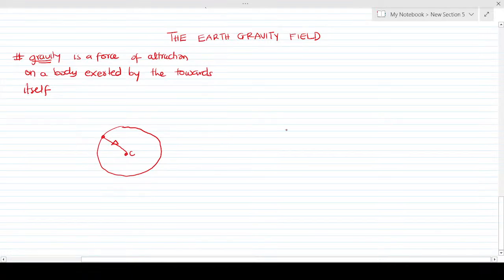Now, if I'm on the Earth's surface and I release a body, the body will begin to fall, right? As the body is falling, it will fall with a certain velocity, and the velocity will increase as the body falls.